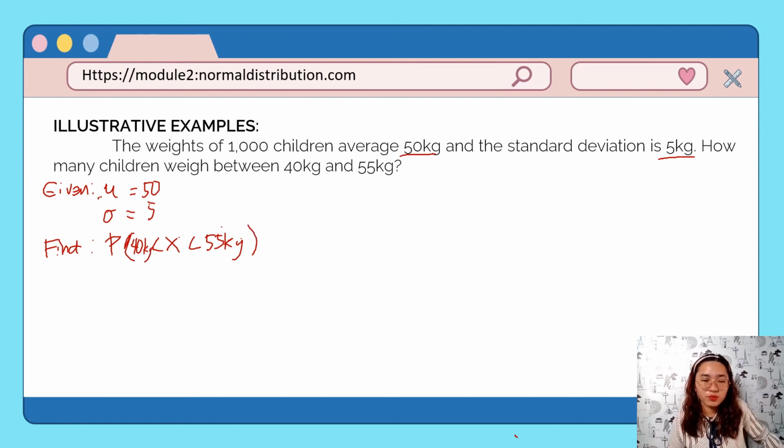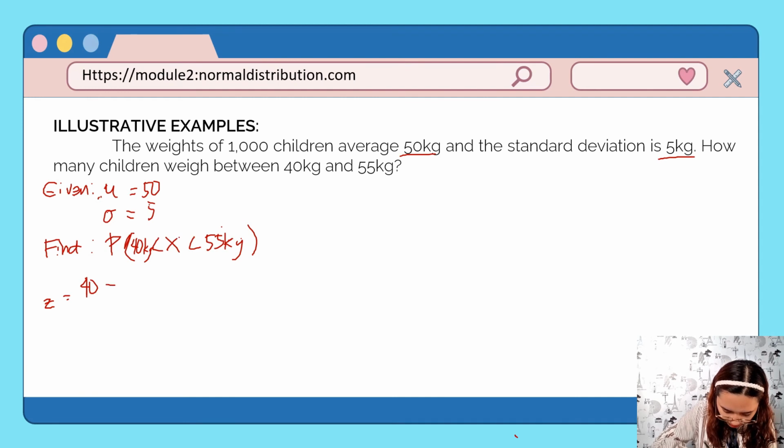Again, para mahanap itong probability na to, kailangan lang natin ng z-table. At sa z-table, kailangan natin i-convert yung mga raw scores natin into z-values. So, yung 40 kilograms natin, z is equal to 40 minus 50 all over 5.